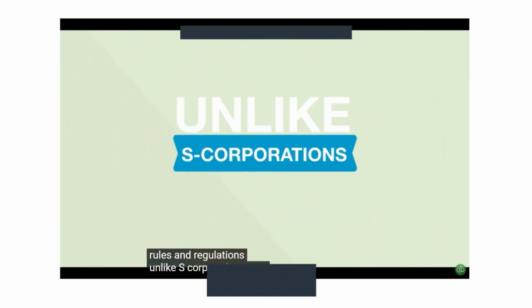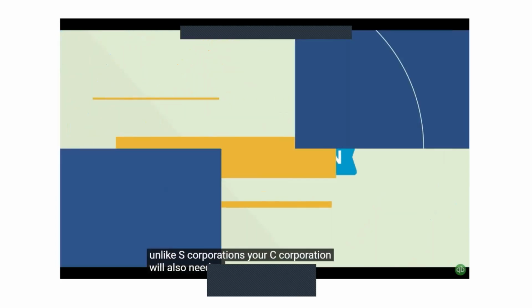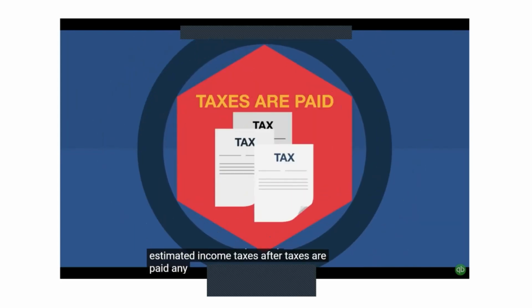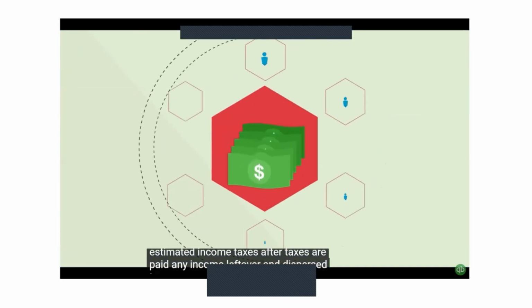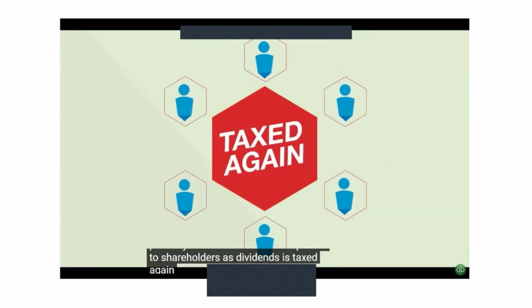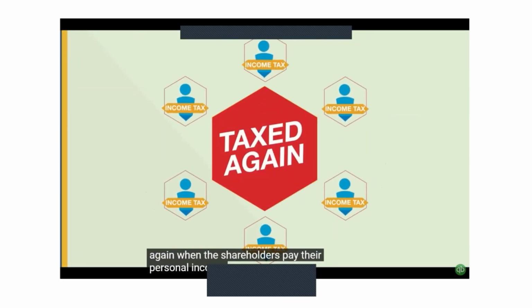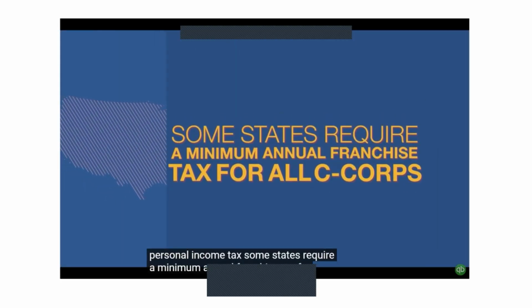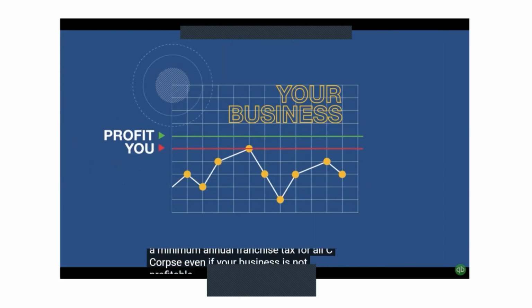Unlike S corporations, your C corporation will also need to file quarterly estimated income taxes. After taxes are paid, any income left over and dispersed to shareholders as dividends is taxed again when the shareholders pay their personal income tax. Some states require a minimum annual franchise tax for all C corps, even if your business is not profitable.